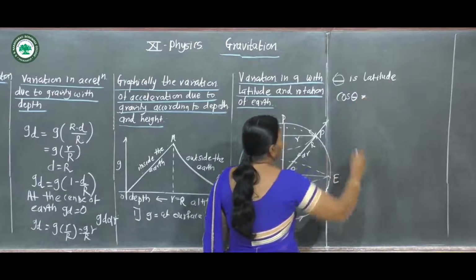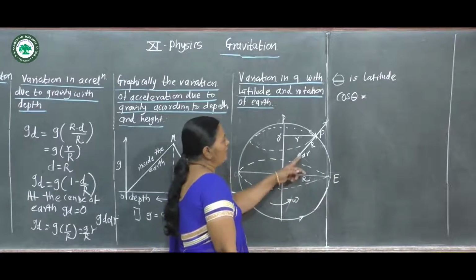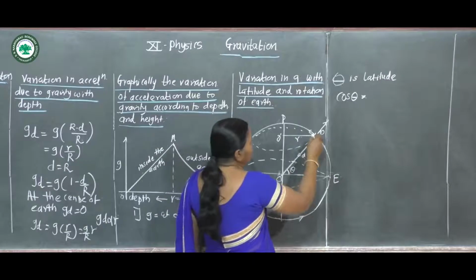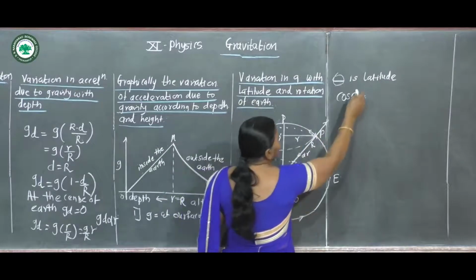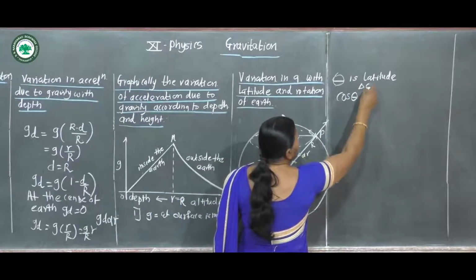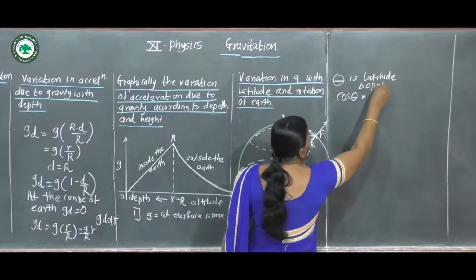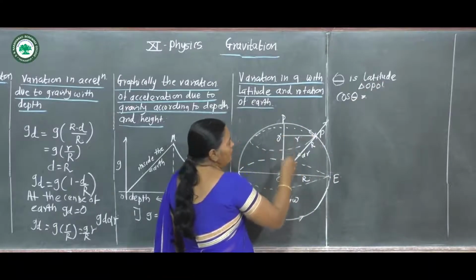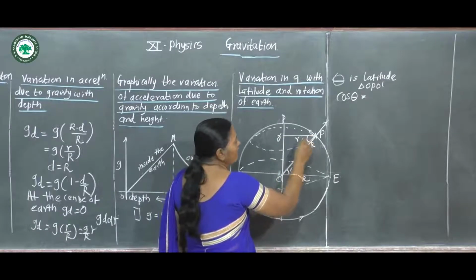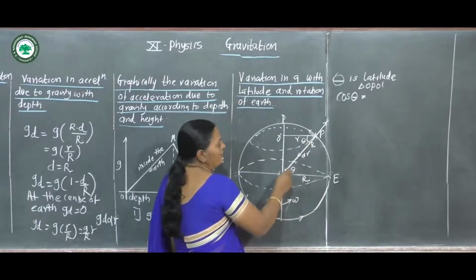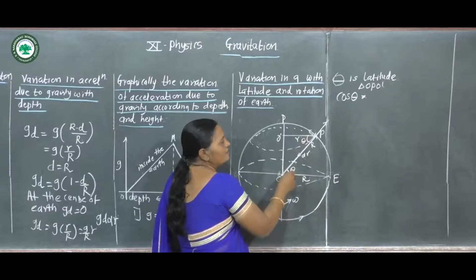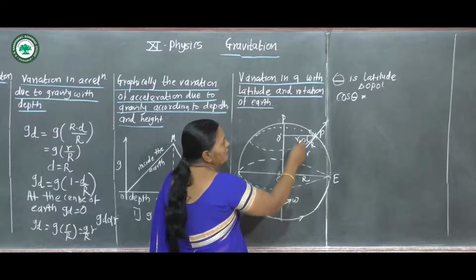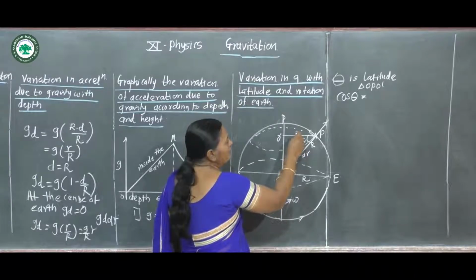Cos theta is equal to, consider this triangle OPO dash. In this triangle OPO dash, this is angle theta. By geometry, this angle and this angle are equal.